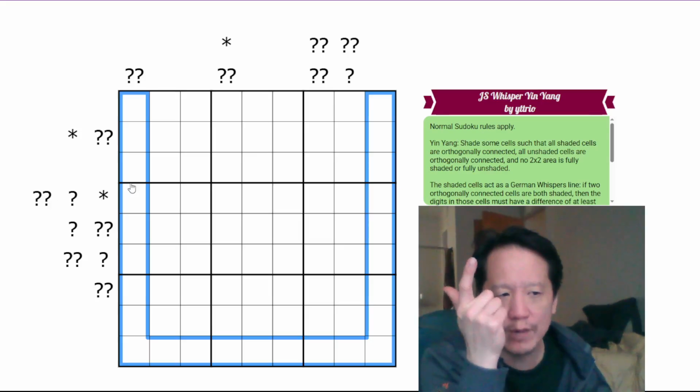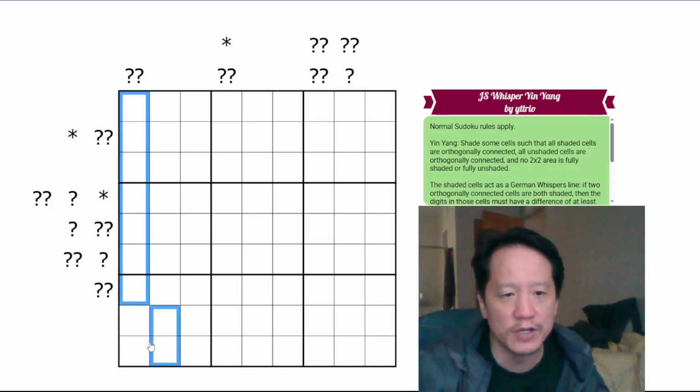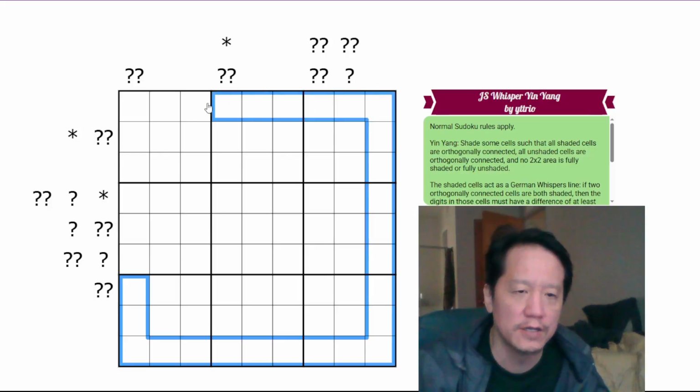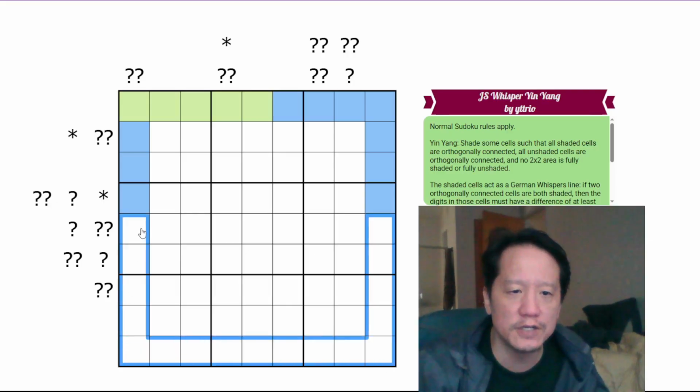Because of that, on yin-yang shading, you can only swap up to twice on the edge of a grid. And the reason why you know that: say this was shaded here, we have this being unshaded, and then we had another shading here, and then we had unshaded here.